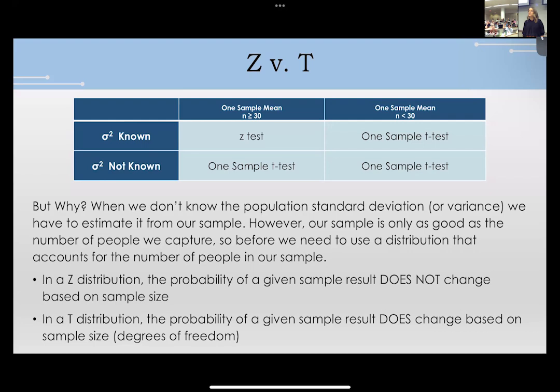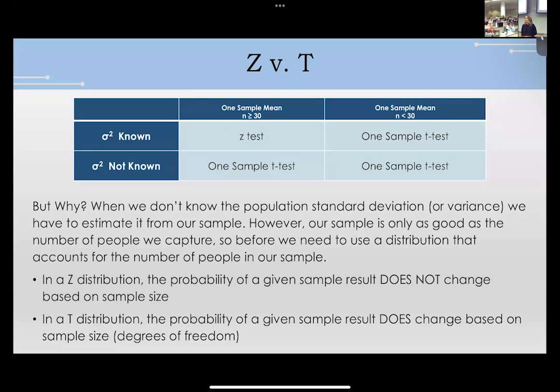In a Z distribution, how many Z distributions are there? One. So in a Z distribution, the probability of a given sample never changes based on sample size, right? It's one curve, whether your sample has 30 people, 50 people, 70 people, or 10,000 people. If you know the population variance and you're using a Z distribution, it doesn't matter how many people you have in terms of your critical value.